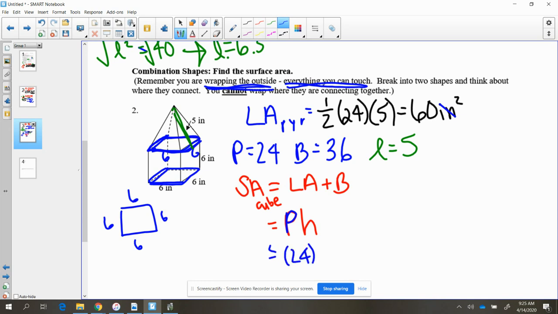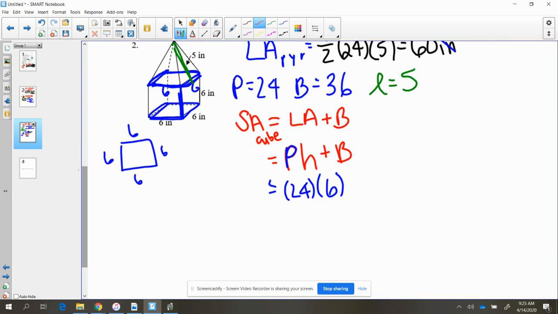Now the height here is referring to the height of our prism, the height of the cube, which is 6. And again, lucky for us, the area of the base is the same for both the pyramid and that prism, right? They both have that base that is 36 for the area.